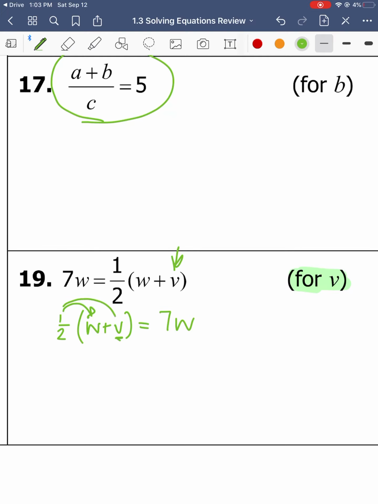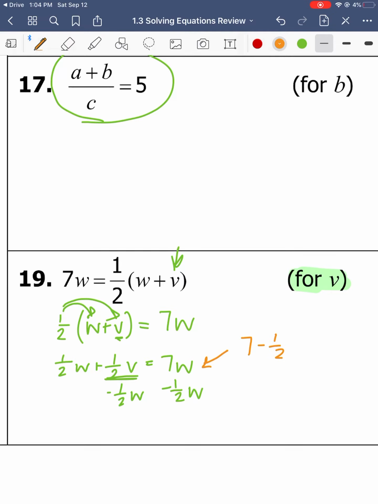So first, this is what we're solving for. First, we need to distribute just like normally. So we have 1/2 w plus 1/2 v is equal to 7w. Okay, we want to get v by itself here, so we're going to subtract 1/2 w from both sides. Okay, here, if we find a common denominator, we're going to do 7 minus 1/2.